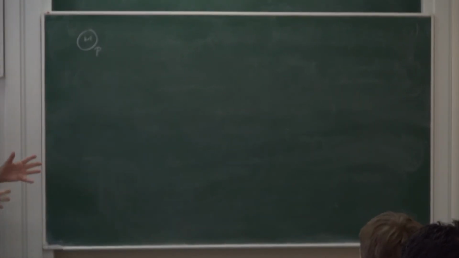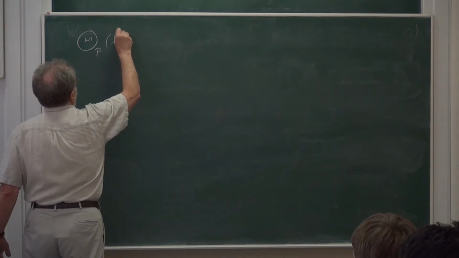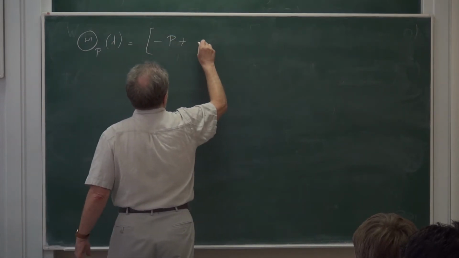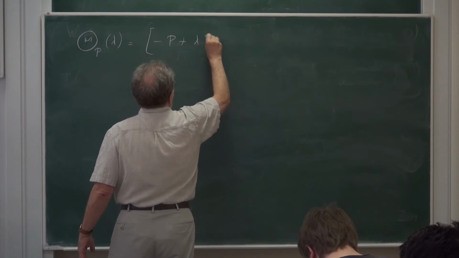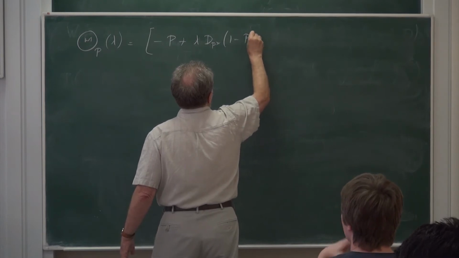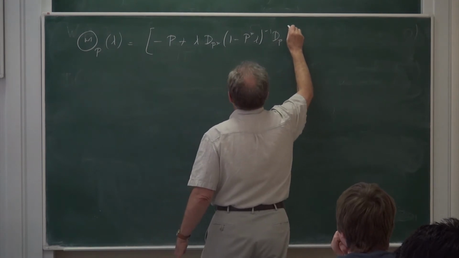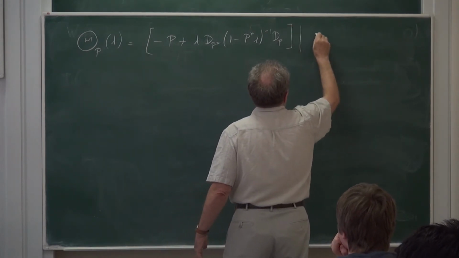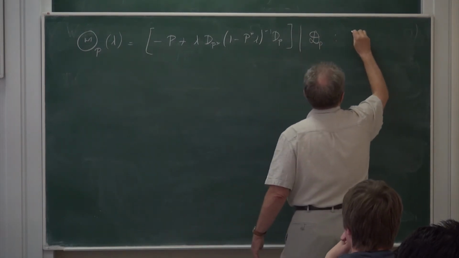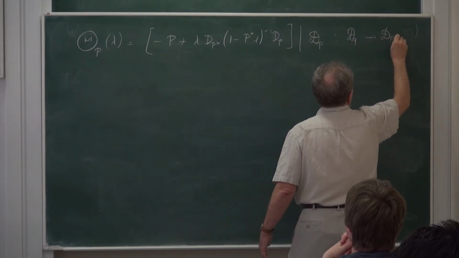We're thinking about gamma contractions S comma P. That means P is a contraction, and so it has a characteristic operator function, which is minus p plus lambda dp star (1 minus p star lambda) inverse dp, restricted to the defect space dp, and that's an operator for each lambda. That's an operator from dp to dp star.